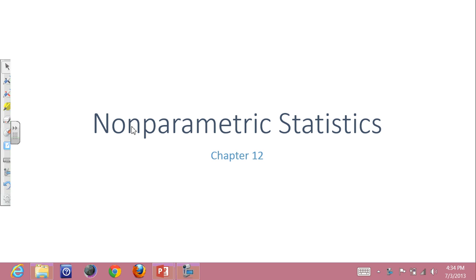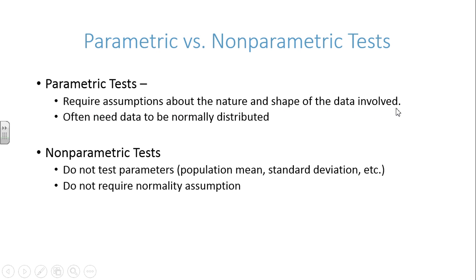Okay, so now we're on the very last section of the term. We're going to be looking at nonparametric statistics, and these are some methods we're going to use when parametric tests we do not meet the criteria for. So far in chapters 6, 7, 8, and 11, we've been looking at parametric tests.